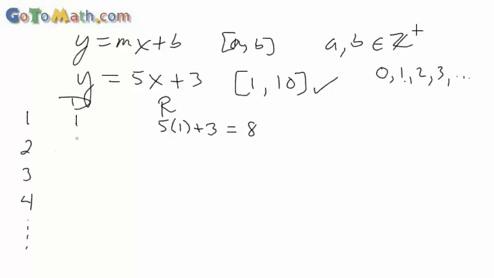And then of course 2, and this would be 5 times 2 plus 3, which is 13. So this is what we want to plot onto the web page. This is what we want to come up with.